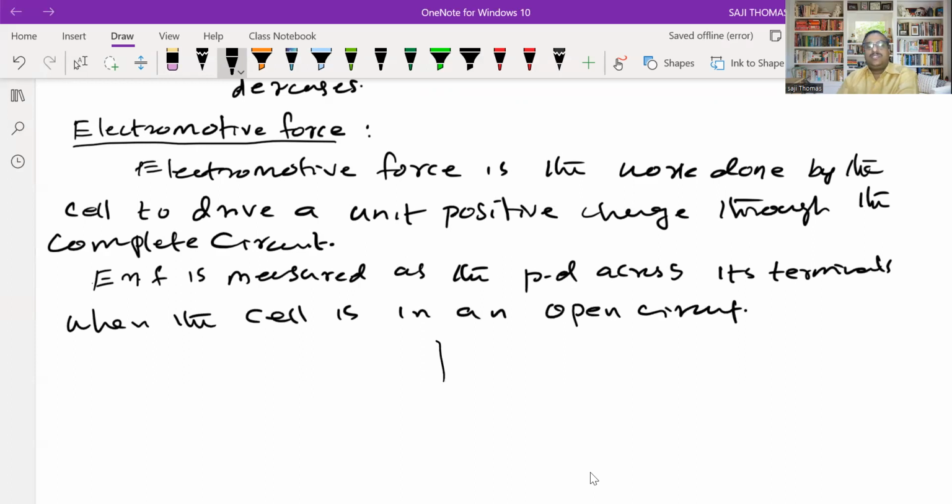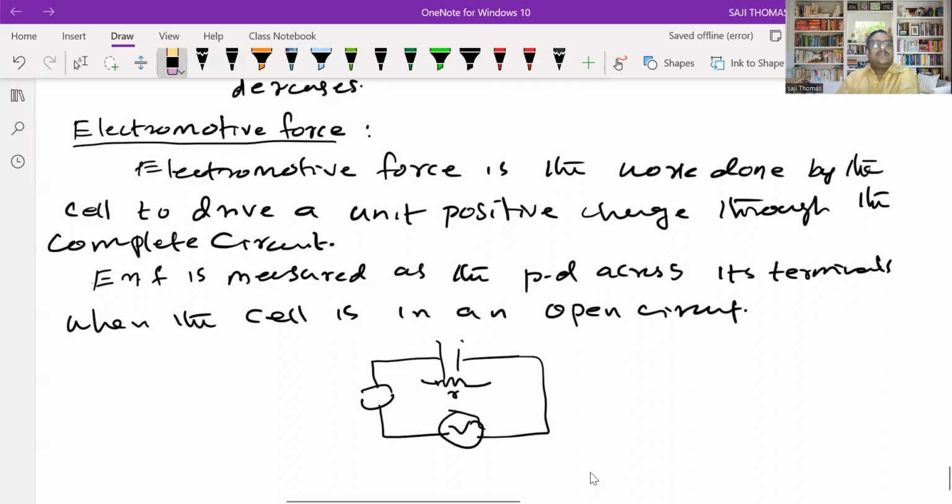Okay, so suppose this is a cell. You put a key inside. Key is a switch, and you connect a voltmeter. Don't close this key. Then you have to measure the potential difference.